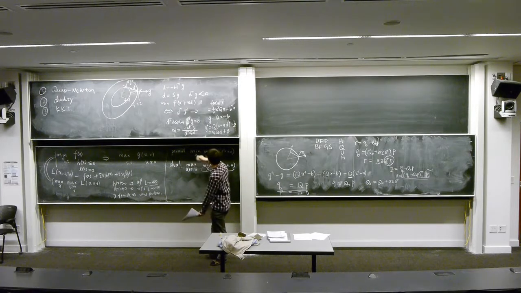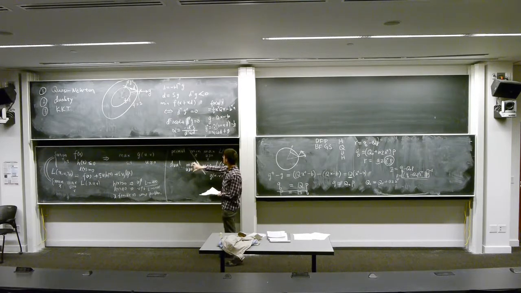And that's because if you ignore this max, if you only look at this part, the primal problem is a minimization of something that's constrained, whereas your dual problem is minimization of something that's not constrained.